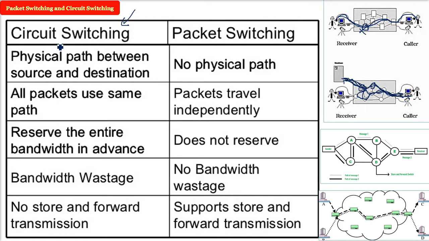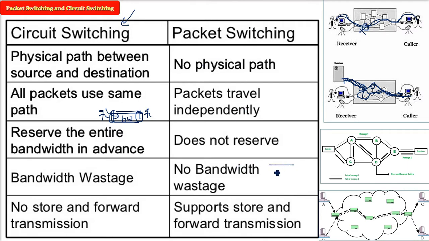The packets travel independently, and when it comes to the bandwidth, which comes under the purview of quality of service, we can reserve the entire bandwidth in advance in circuit switching. As I said, in packet switching we cannot reserve because different links can be established and different routes can be taken for independent packets, right?